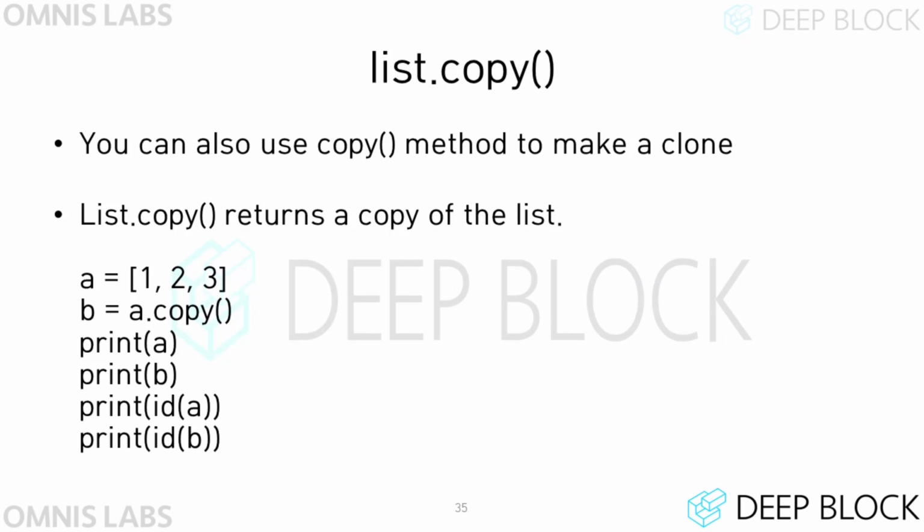Another way is to use a method called copy. The list.copy method creates and returns a new list with the same elements as the list. For example, the code b = a.copy() assigns a copy of list a to the variable b. Therefore, the id values of the two variables are different.